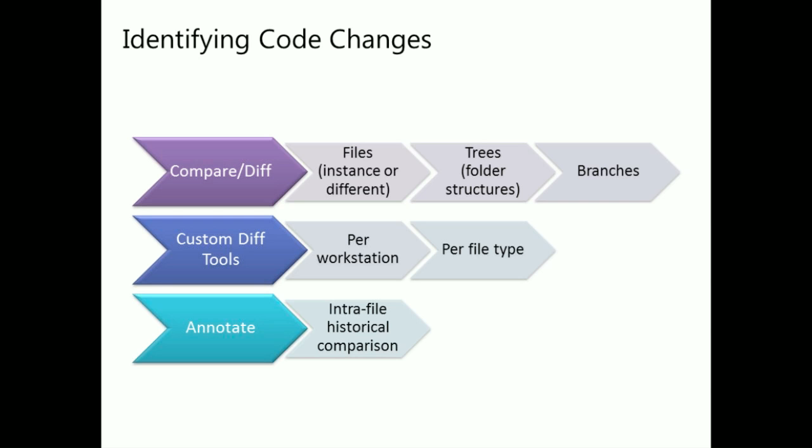Well, how do you identify who wrote that one line of code? You can see who last checked in the file, but you can't see who actually wrote that line of code. That's what Annotate is for. It allows you to look at the historical changes within the file itself to identify who the last person was to touch a certain block of code, and you'll see an example of that.